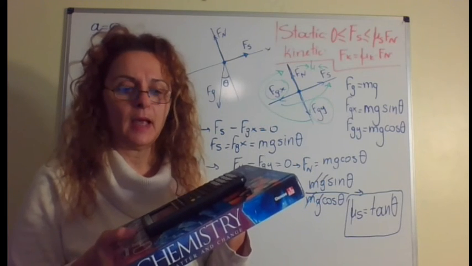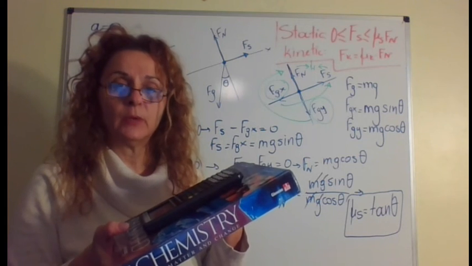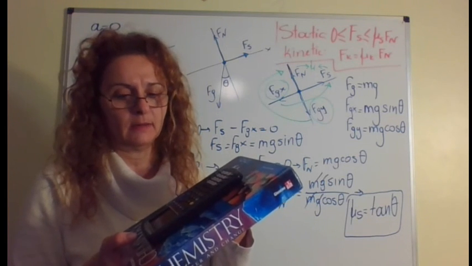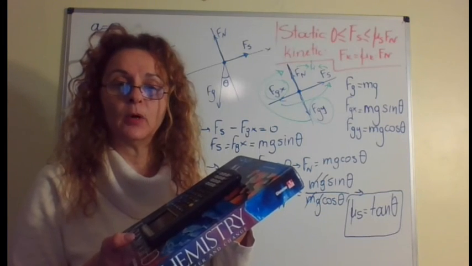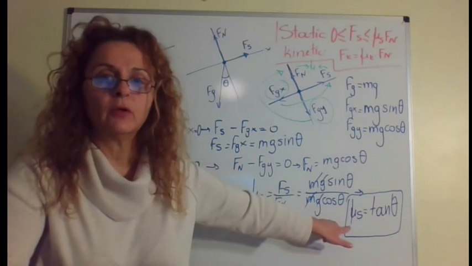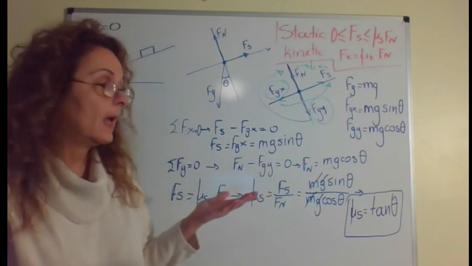When you find the angle at which the object looks as if it's ready to start sliding down, the tangent of that angle will give you the coefficient of static friction. This is a lab that can happen.